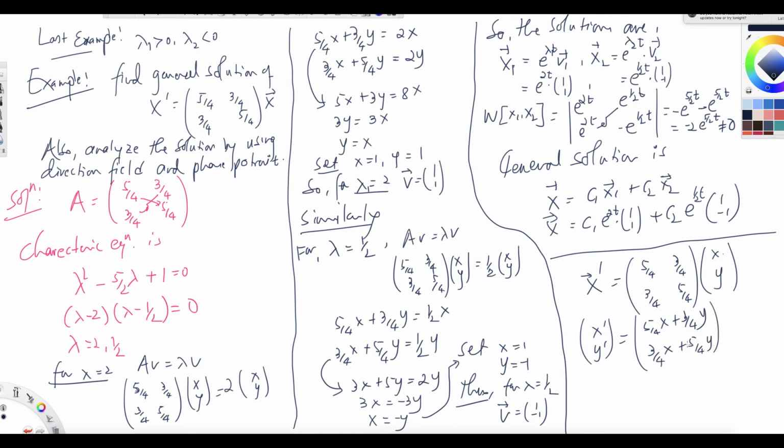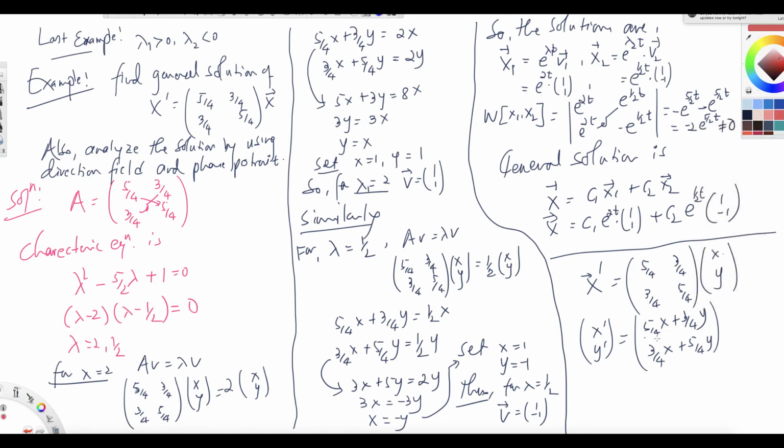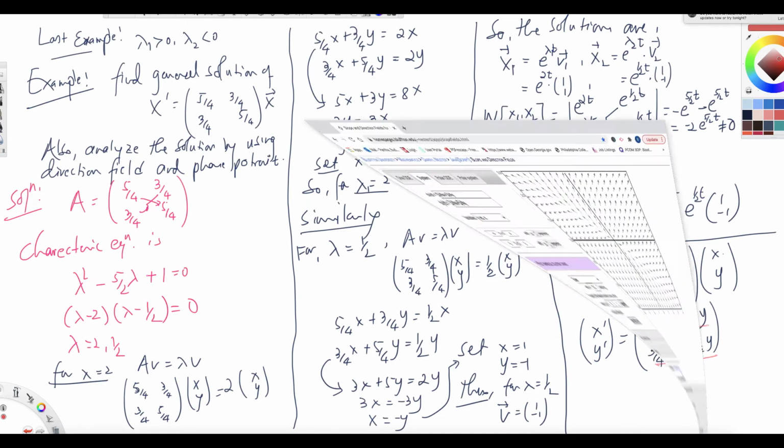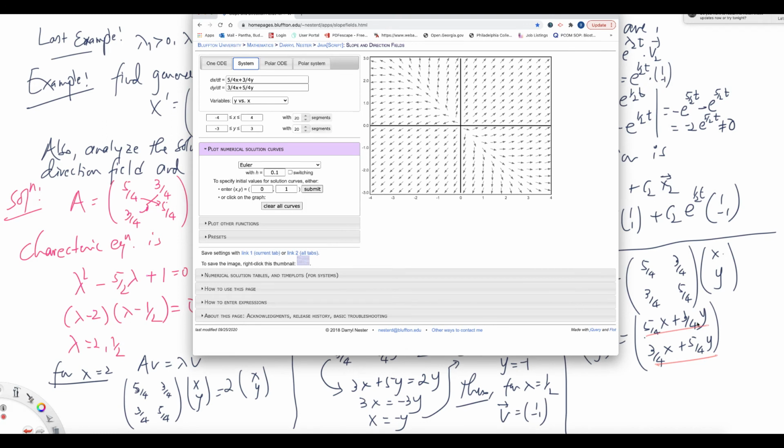Now I want to enter this right hand side in the app that I have been using. Go to the system and enter those equations: 5/4 x plus 3/4 y and 3/4 x plus 5/4 y. If you do that, this is what you will see.